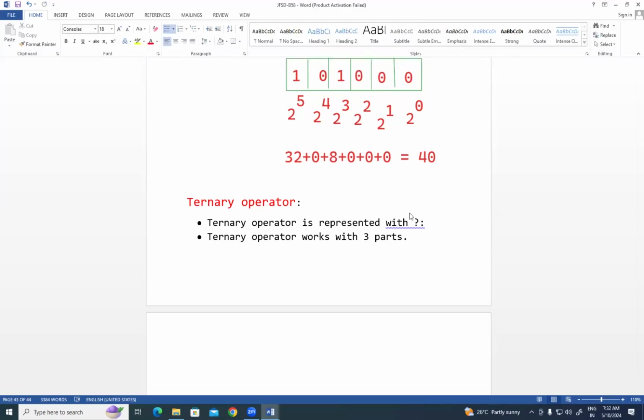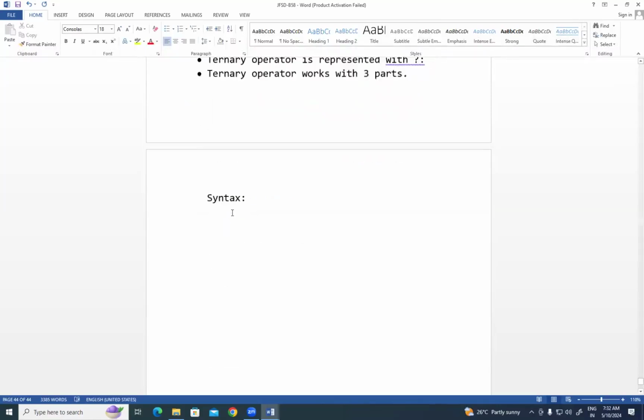Okay, folks, let's see the syntax. Let's write the syntax on the next page. Syntax, how it looks. For example, result is equal to.